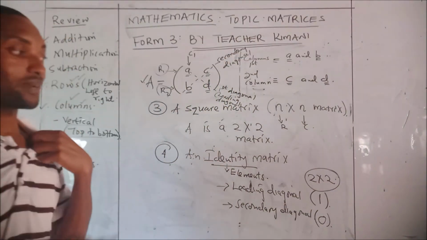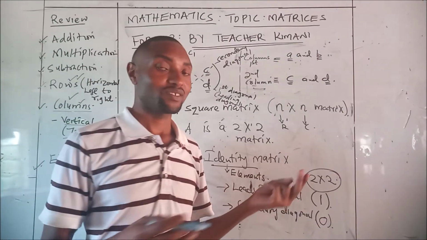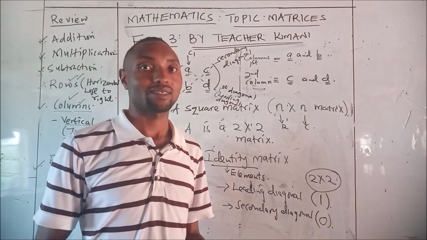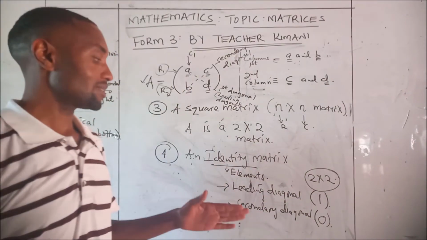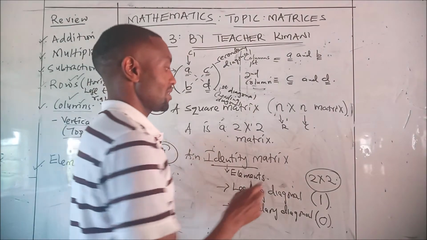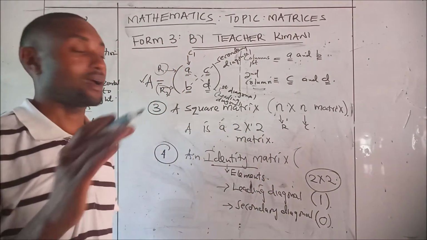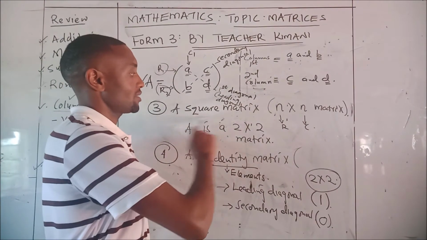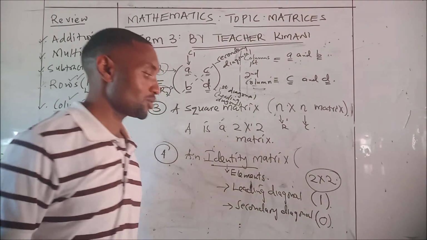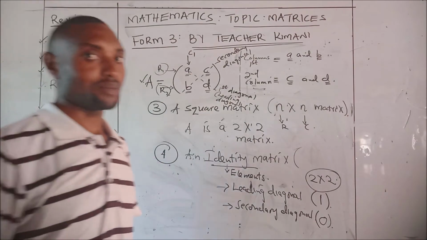That is for a 2 by 2 matrix, and it's not the case for a 3 by 3 matrix, because an identity matrix will always be a square matrix. So if you understand a square matrix, you are able to understand an identity matrix.